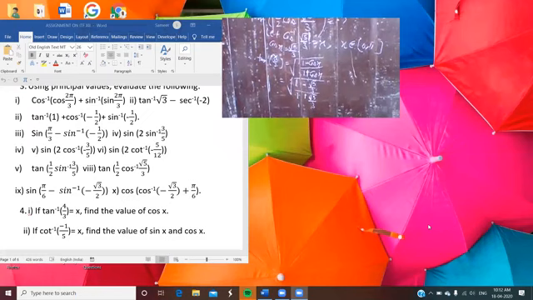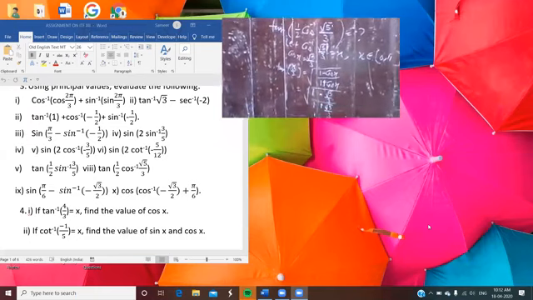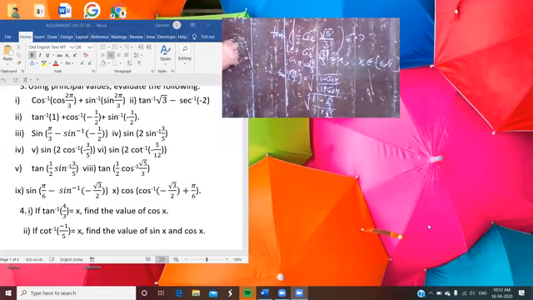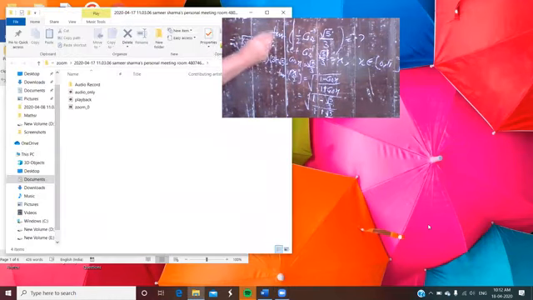So taking LCM, you have under root, here you can write 3 minus root 5 divided by 3 plus root 5, and the LCM part cancels out. Now rationalize it. Taking the conjugate, you have 3 minus root 5 in the numerator, and here you have 3 minus root 5 whole square.